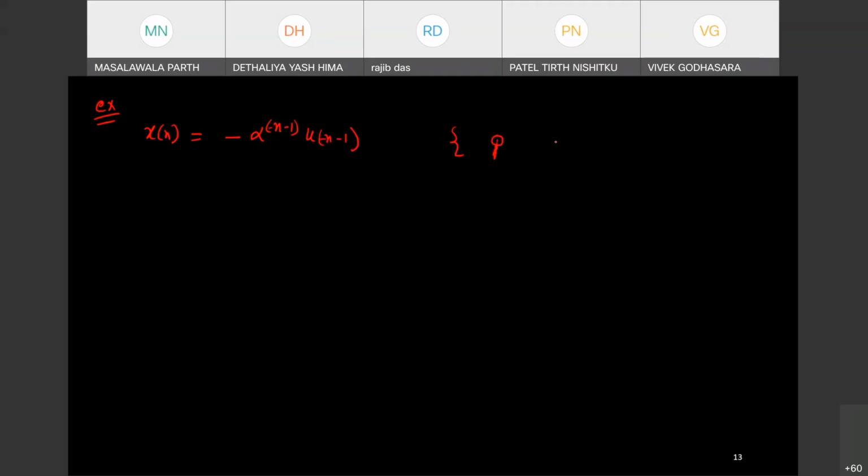Then n equal to minus 1, u of 0 is also 1, and alpha to the power 0 is 1. Then n equal to minus 2, this is alpha, then alpha square, then alpha cube, like that. Is it correct?